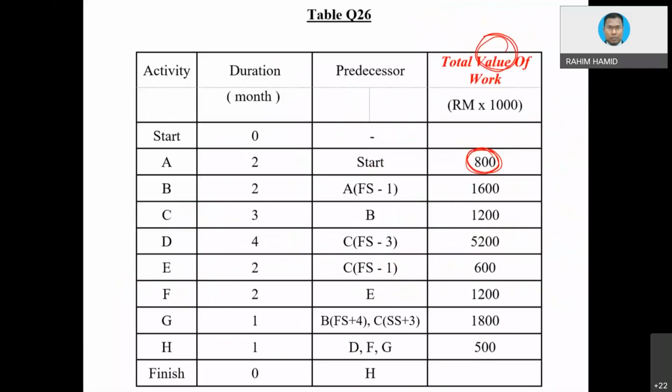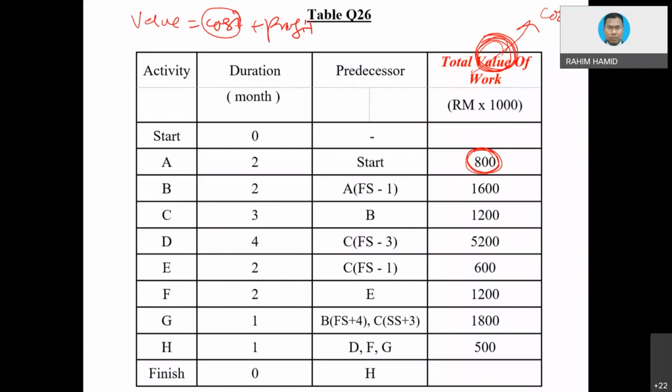First thing first, you must look at this value. Sometimes the question might change and give you the cost. If it is cost, then you use the same equation: value equals cost plus profit. So the cost is given, and the profit will also be given based on cost.